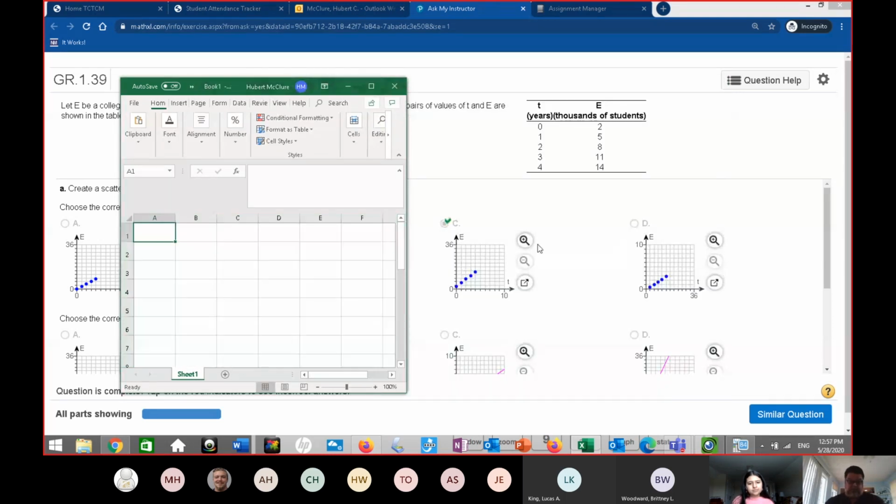So T is 0, 1, 2, 3, 4. And then E is 2, 5, 8, 11, 14.